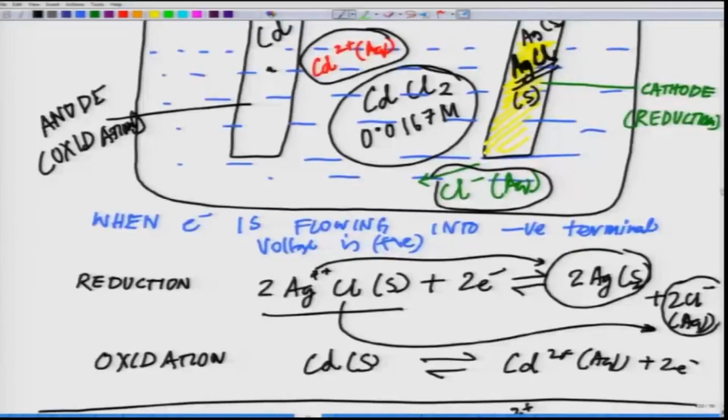And you remember we use cadmium chloride as the electrolyte out here. So, this is what is happening in this situation.